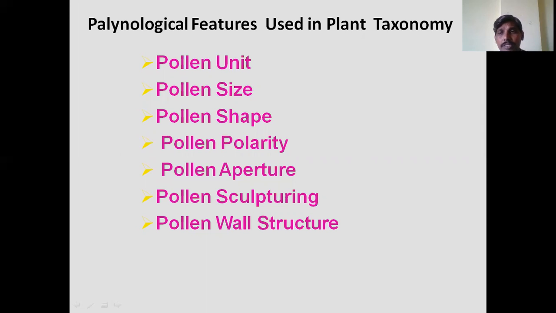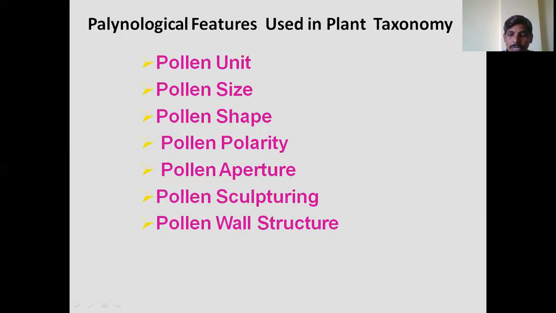Various parameters attributed to the pollen grain, different features or characters, are considered for plant taxonomy. These are pollen unit, pollen size, pollen shape, pollen polarity, pollen aperture, pollen sculpturing, and pollen wall structure or sporoderm structure.